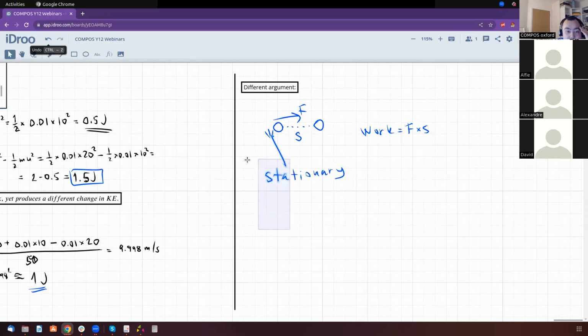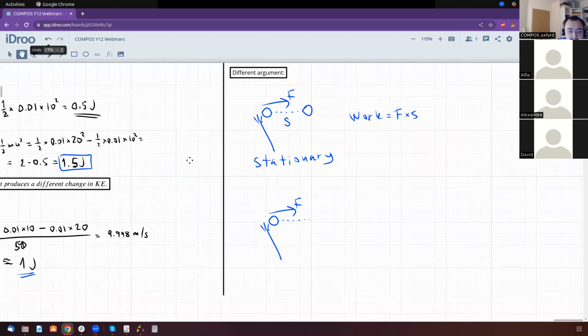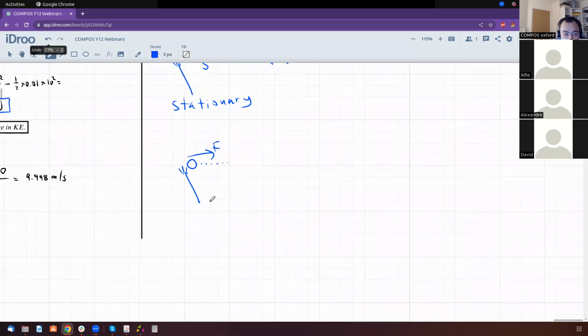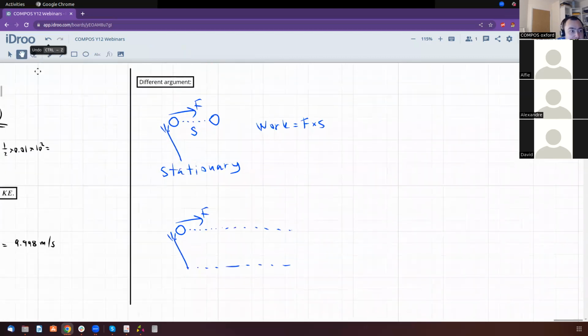But when you are moving, and a stationary observer is looking at you, not only the ball is moving, but your hand is moving. Let's draw the final position of the hand. In this case, your hand goes from here to here. But if you're on a skateboard, your hand goes all the way to here.